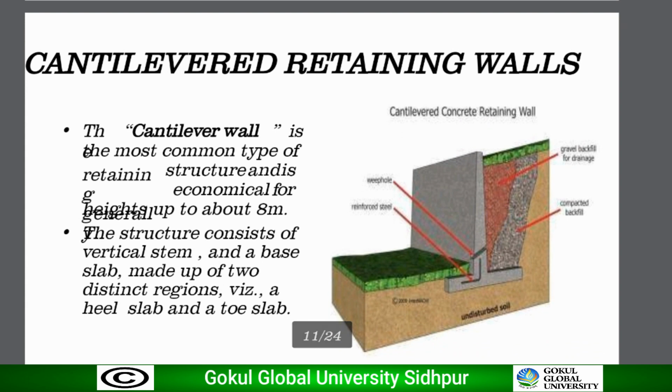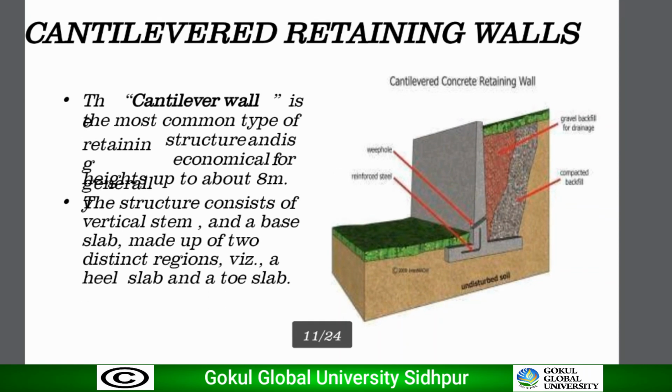Third one is the cantilever retaining wall. This is the most common type of retaining wall. It consists of a vertical wall called a stem, heel slab, and toe slab, which act as a cantilever beam. Its stability is maintained by the weight of the retaining wall and the weight of the earth on the heel slab of the retaining wall. It is generally used when the height of the wall is 6 meters.